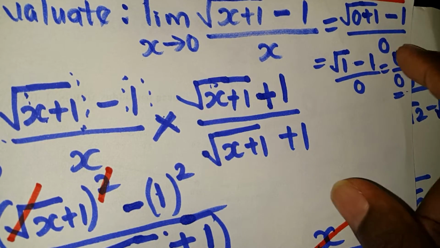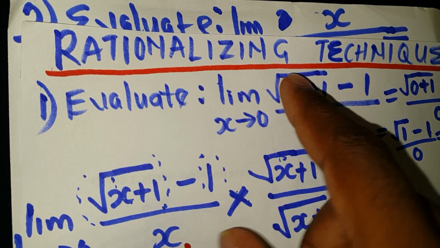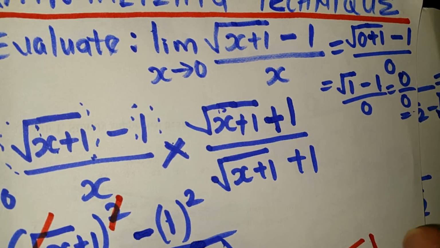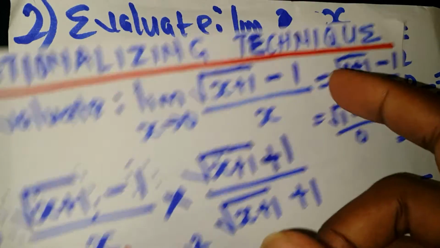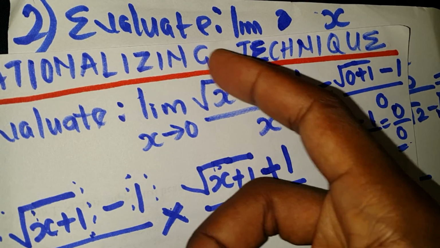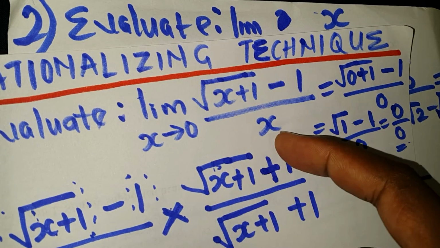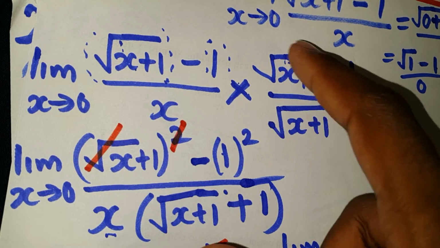Then we find out that our answer is 0 divided by 0. That's when our rationalizing technique comes in. You have to choose the more complex expression between this and this. We see that this one is much more complex than x, so you multiply it by your limit. That's why I put this.